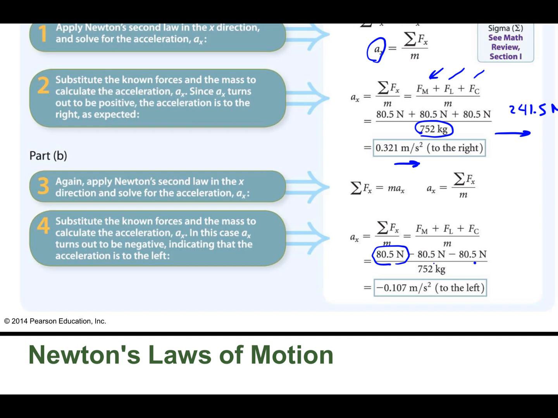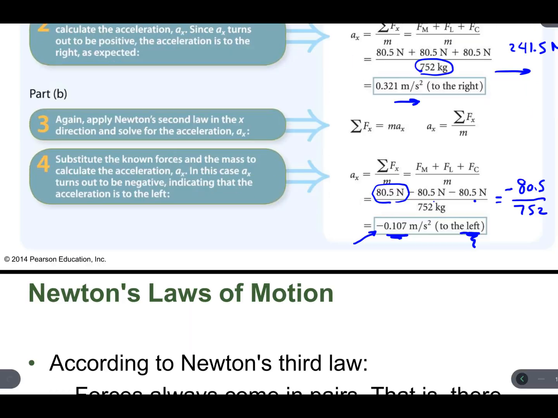So the total force will be negative, 80.5 over the same mass. As you see, this is the acceleration. The negative sign means negative direction. That's it. And we will see a lot of problems in exam review sheets.